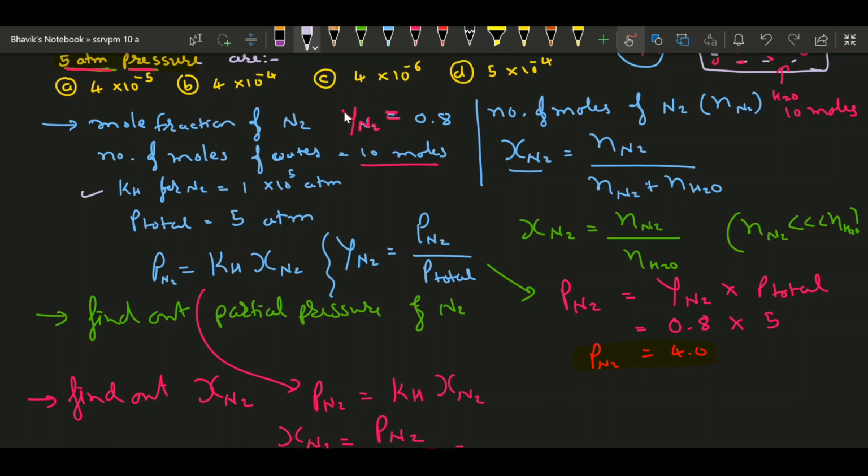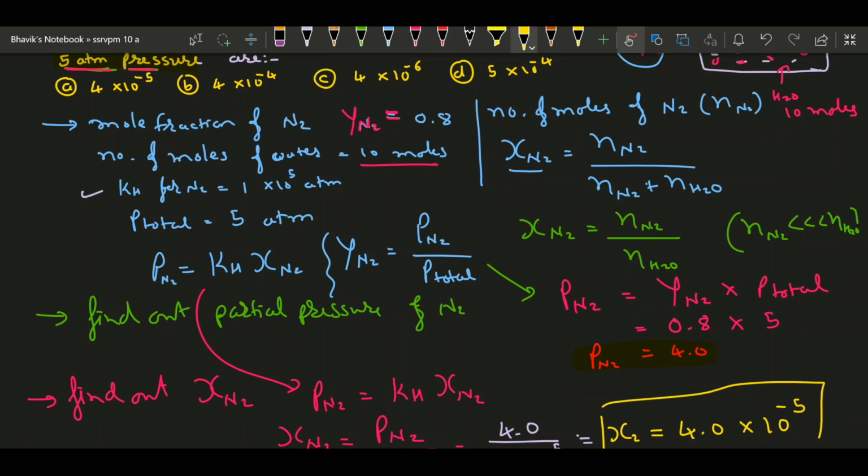So I can write Pn2 is 4.0 divided by the value of Kh for nitrogen, which is already given in the question. So what will xn2 be? xn2 is equal to 4.0 into 10 to the power minus 4. Okay, so we have found the mole fraction.